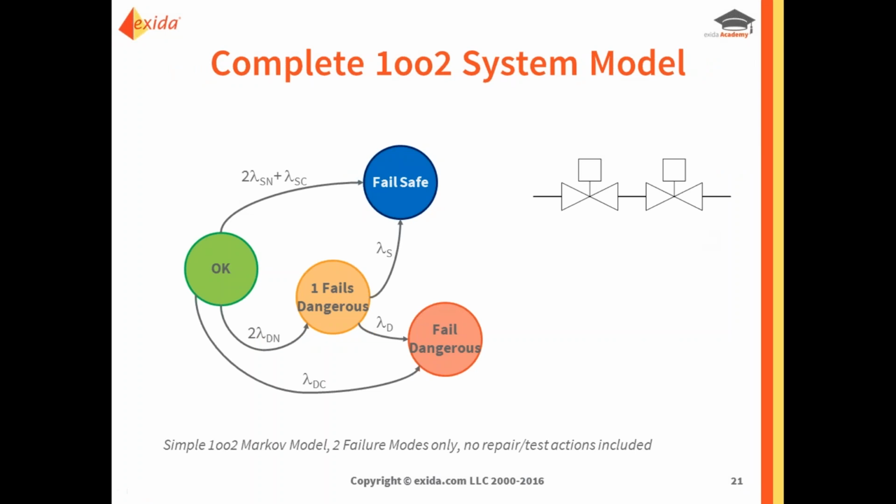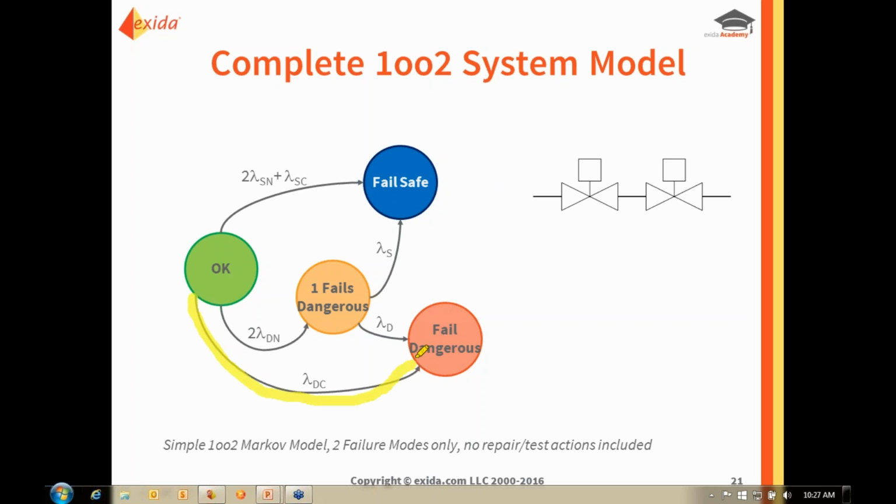Now we can model that complete system, and again, these are simplified models. There are no repair actions, no tests, and no diagnostics. This is just a 2 failure mode model. But one of the things that we see when we look at a complete system model is that yes, there's a transition from the OK state directly into the fail dangerous state, and that's a dangerous common cause factor.